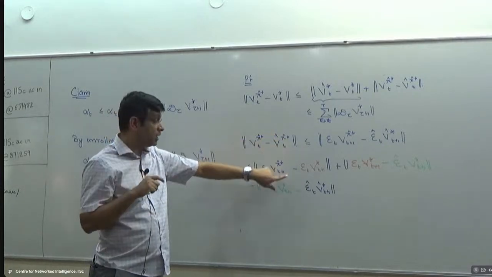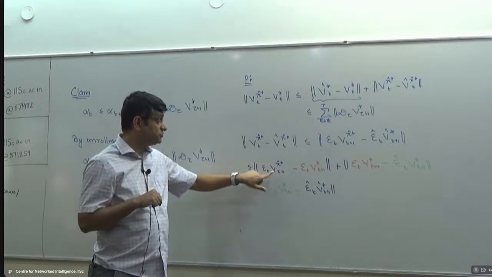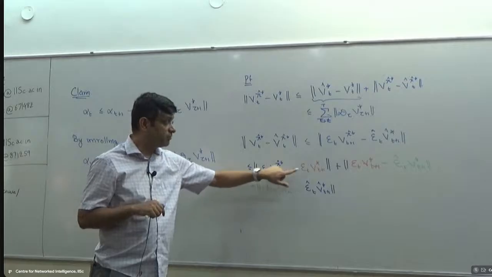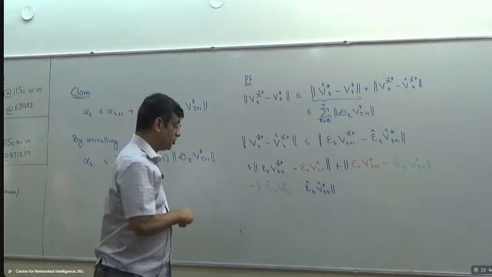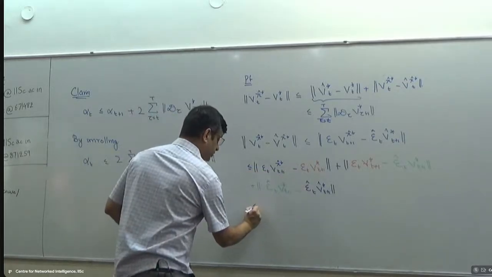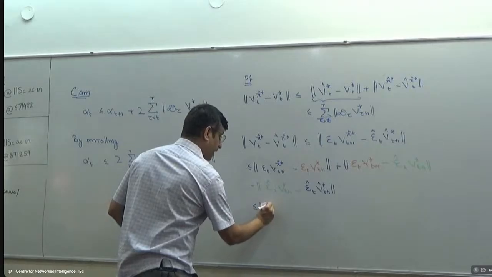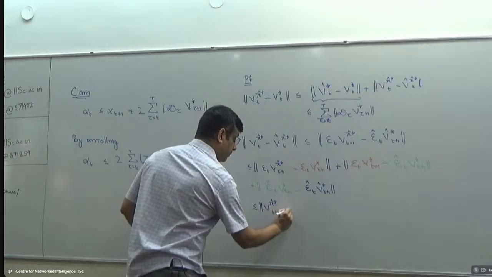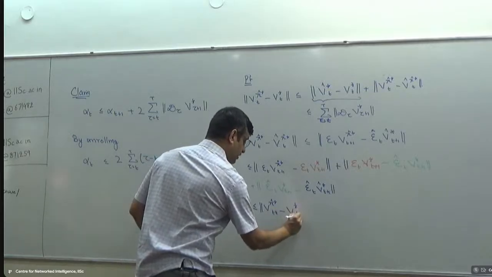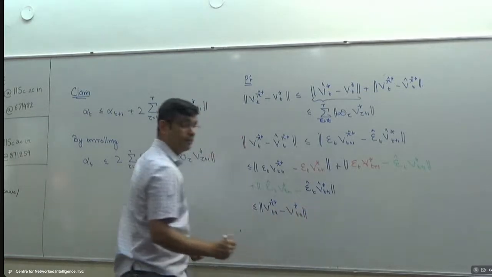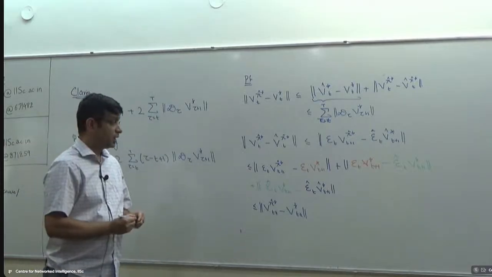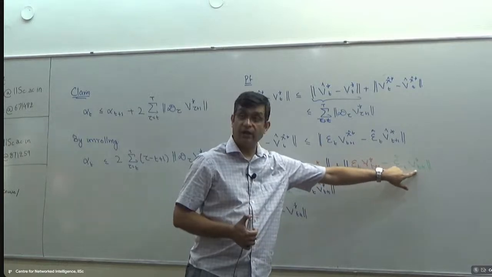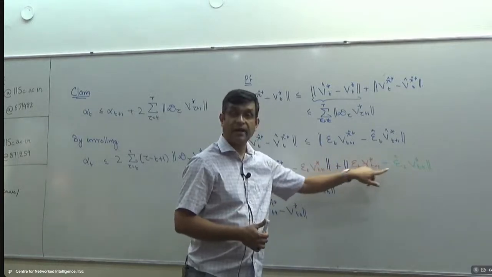Okay. First one is the same dynamics operator, but different value functions. So, this is non-expansive. This is going to be upper bounded by V pi hat star t plus 1 minus V star t plus 1. Okay. The second one is the same value function, but different dynamics operator.